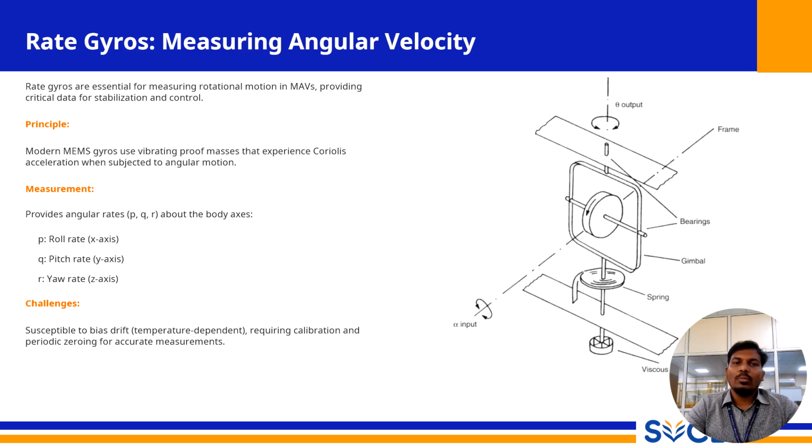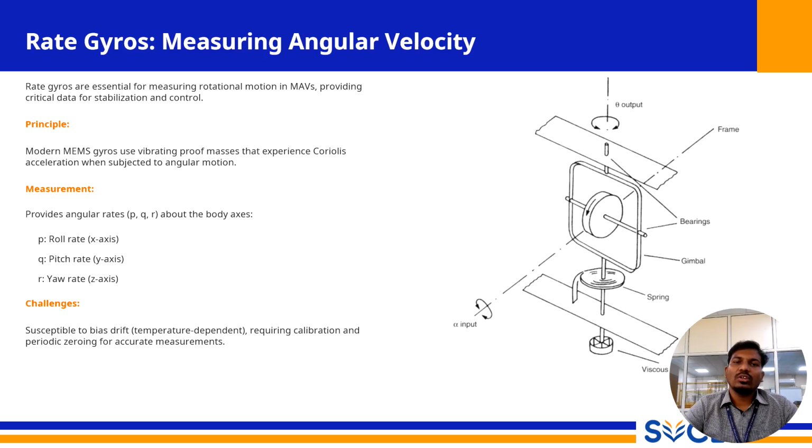Inside the tiny MEMS chip, a microscopic mass is driven to vibrate back and forth at high frequency. When the drone rotates, the Coriolis effect exerts a force on this vibrating mass, pushing it in a direction perpendicular to its vibration.